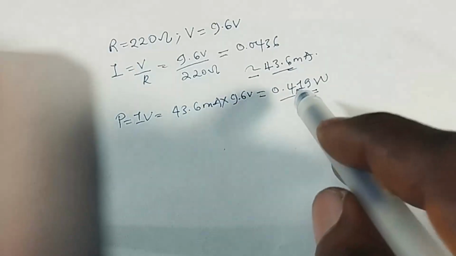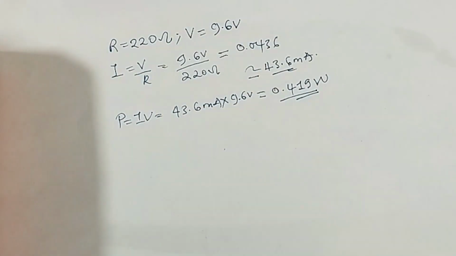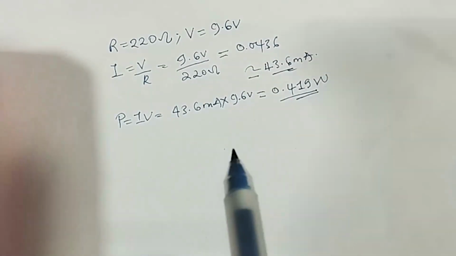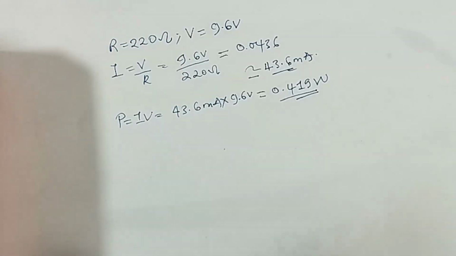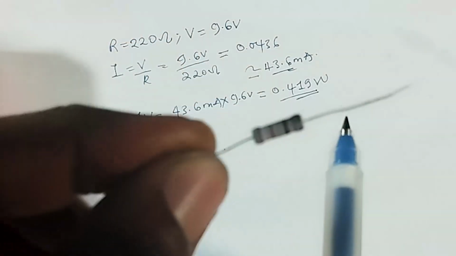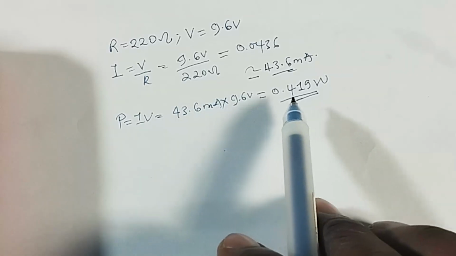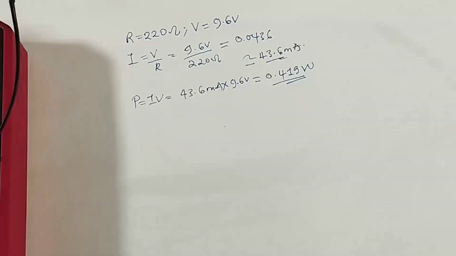We have to use a resistor that can withstand this power, and we know that the 1/6 watt resistor can't, because it can withstand a power of 0.1667. 1/4 is 0.25. So from 1/2 watt resistors, we can use that, because 0.5 is bigger than this. But then our resistor is about 1 watt, so we're safe, because it can withstand 1 watt, and we're about to make it dissipate 0.419 watts.